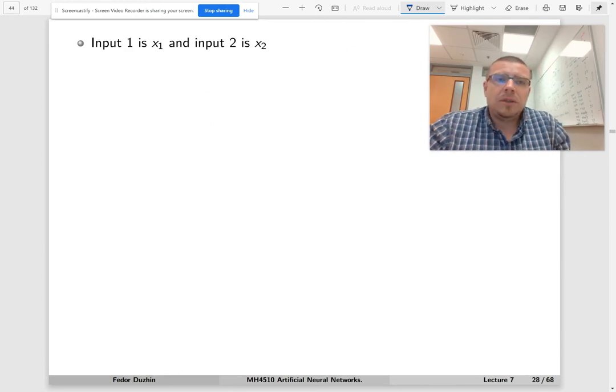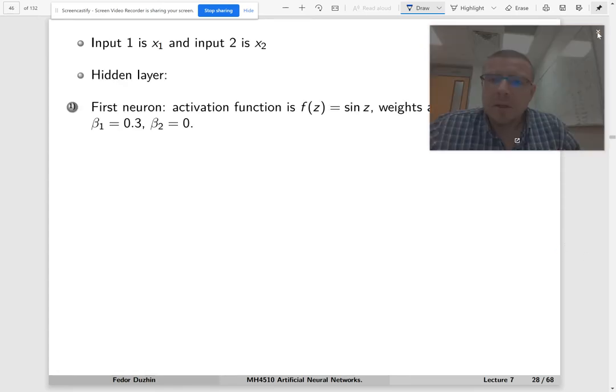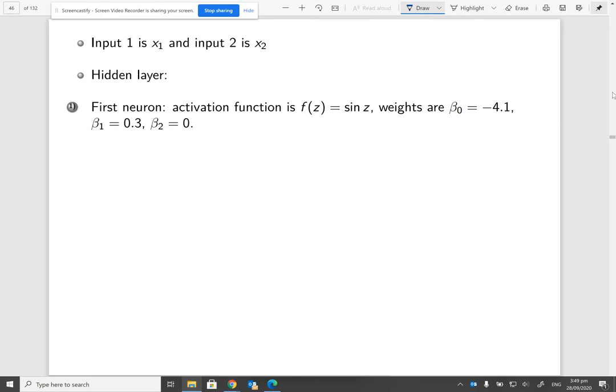So input 1 is x1, input 2 is x2. The hidden layer consists of 3 neurons. For the first neuron, the activation function is f of z, and the weights are beta 0 equal to negative 4.1, beta 1 is 0.3, and beta 2 is 0.